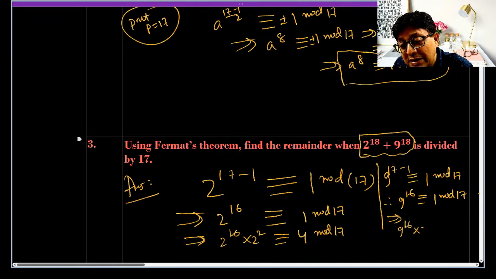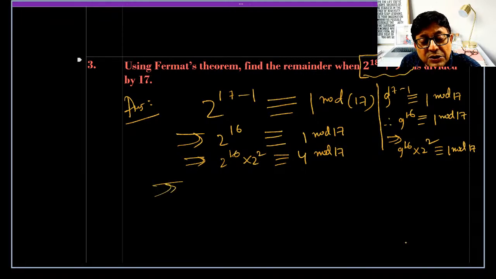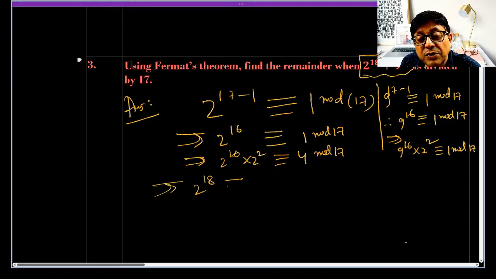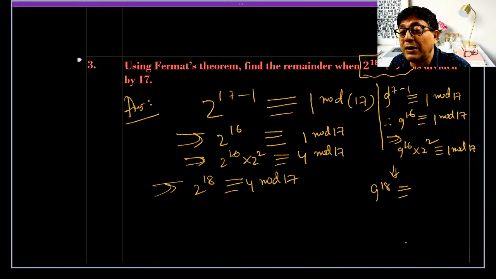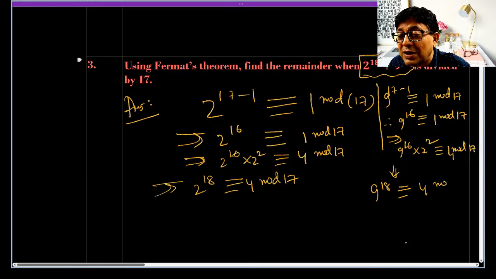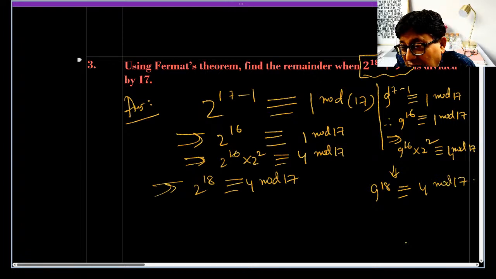So 2 to the power 16 into 2 square congruent with 1 mod 17... So this implies 2 to the power 18 congruent with 4 mod 17, and here for 9 to the power 18, I forgot to multiply by 2 square, 4 you must. Check once.